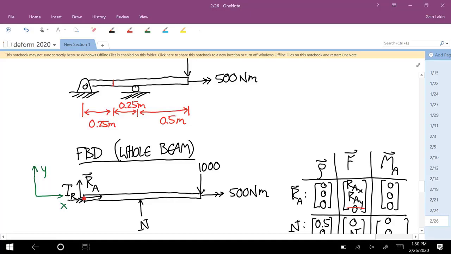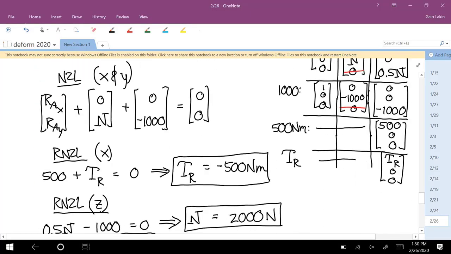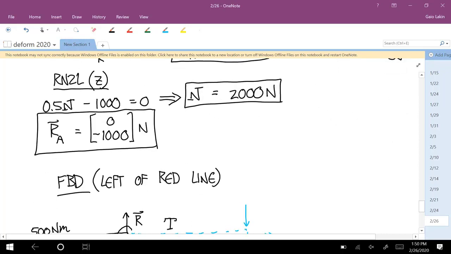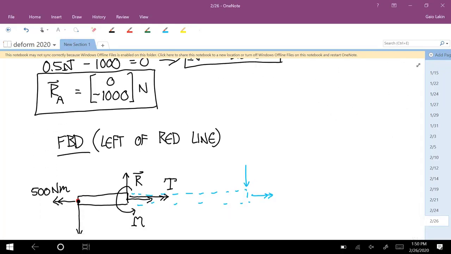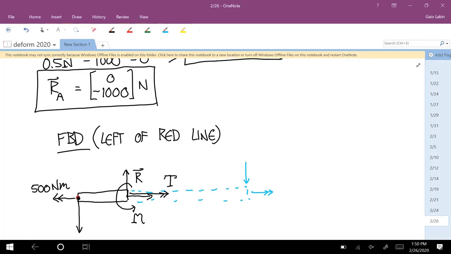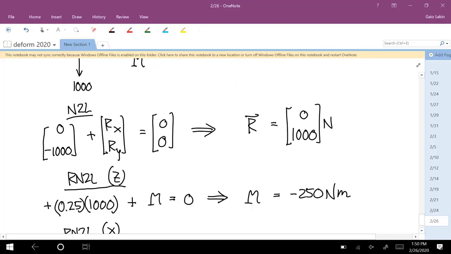The second problem is notice that the way we calculated those internal loads, we just used vector components for the couples and the forces, and we got these internal loads like we wanted.